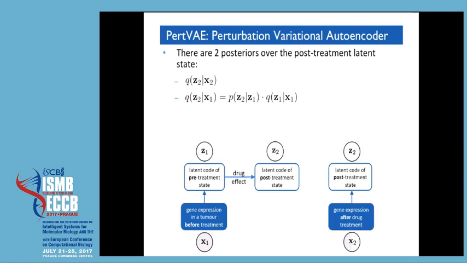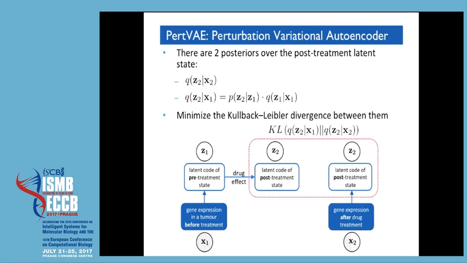So then when we are inferring the posterior over the latent representation of the post-treatment state, we have two paths, depending on whether you have the perturbation pair or you don't. For the training data you do, so you have the direct path where you just encode the observed post-treatment state into the latent embedding, or you have only the pre-treatment state that you embed to latent space, and then apply the drug effect function to get the predicted latent representation of the post-treatment state.